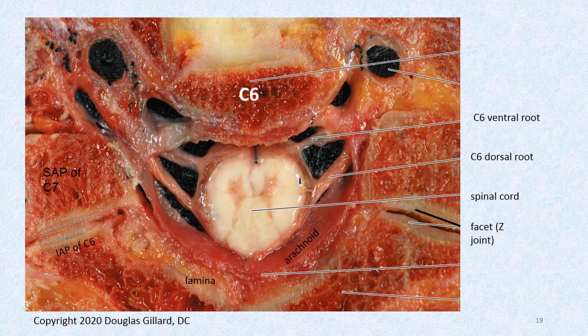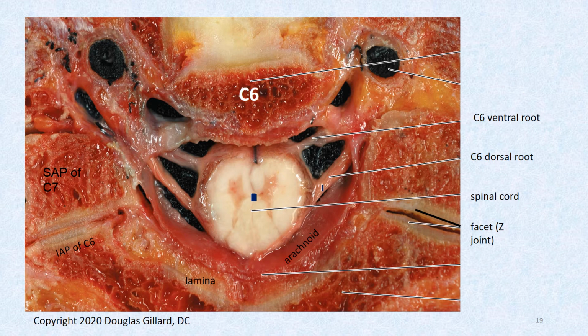Here's the spinal cord, right? Very delicate structure. It's got that little H of gray matter in there. Central canal you can't see, but there's a hole right there for the central canal. White matter on the outside made of myelinated tracts. And then we have our nerve roots. Can't really see the nerve rootlets very well. They kind of have a little membrane around them. But they are there.